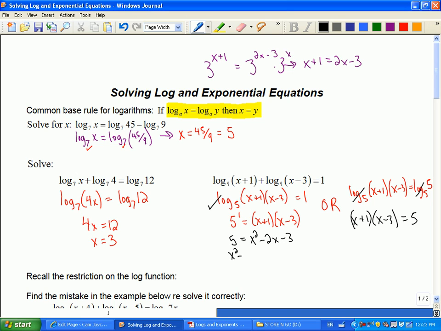So x squared minus 2x minus 8 equals 0. x minus 4, x plus 2. So x equals 4 or negative 2.